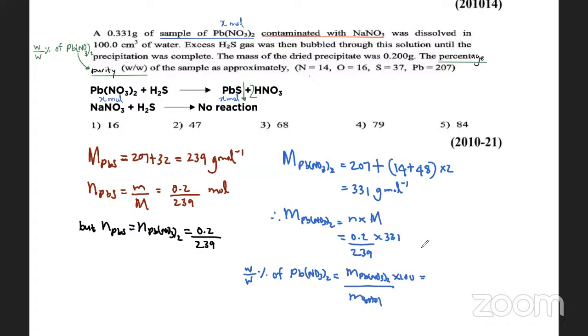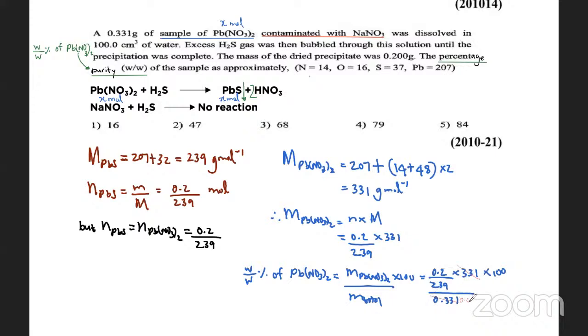What is the mass of lead nitrate? 0.2 over 239 into 331, over total mass, which is 0.331, I believe. Yeah, into 100. So the good news is this 331 and this can be cancelled out.